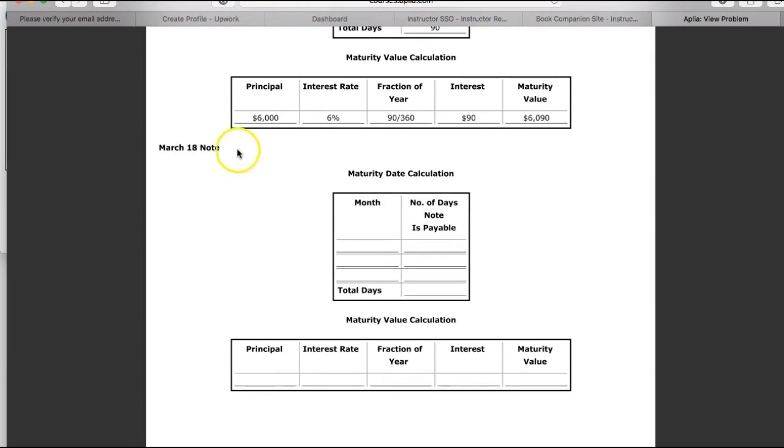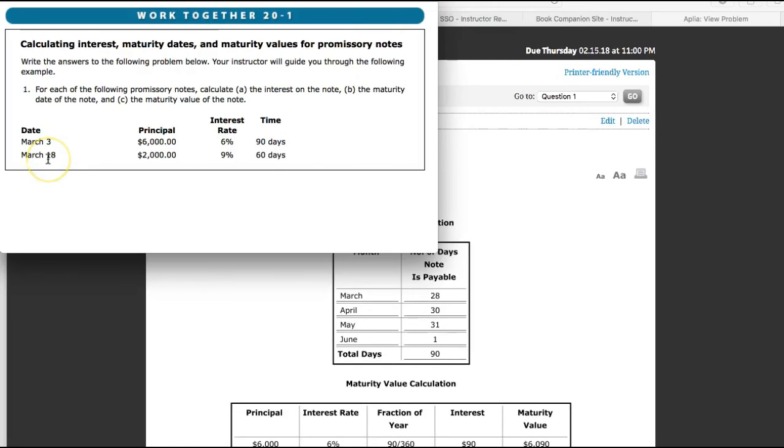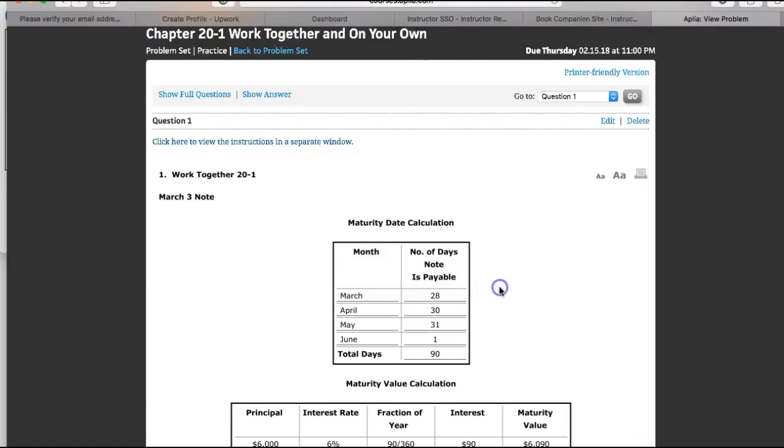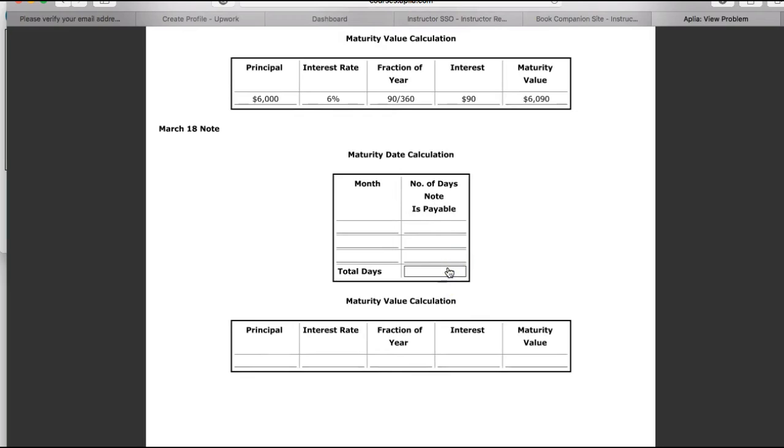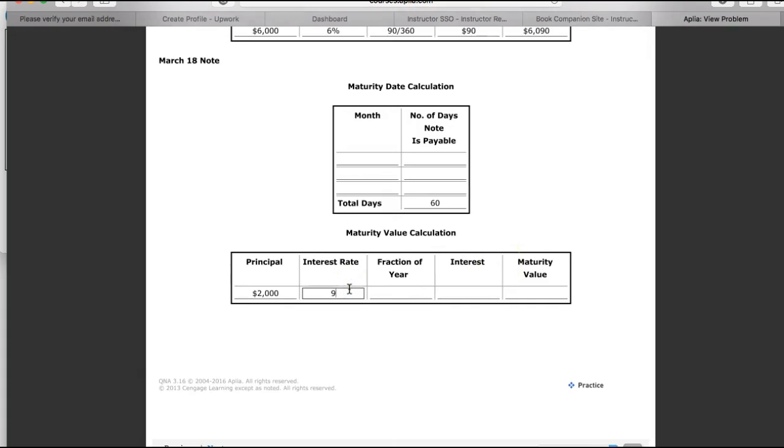So now let's move on to the March 18th note. Let's go up and get our directions. The March 18th note is $2,000 principal, 9% for 60 days. Once again, I'm going to put this in here so I don't forget. 9%, okay. I'll put 60 divided by 360 there.